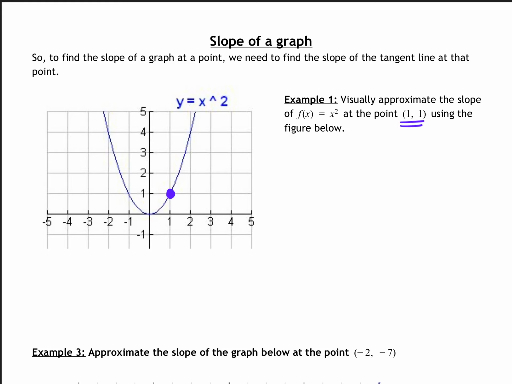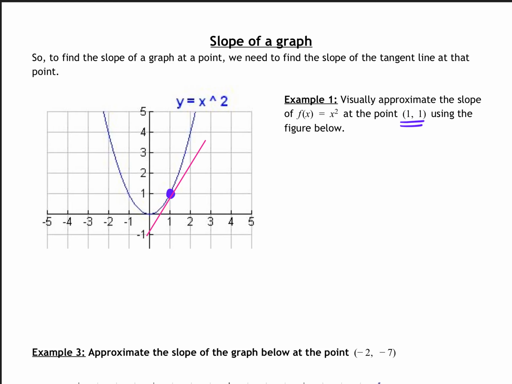Now when you do this on Delta Math, it'll be a little more guided and you'll be able to get a little more precise. But when we're talking about on paper and pencil, it is literally just going to be an estimation. So I may just estimate that, hey, that sort of looks like a good tangent line. And in which case I can draw that tangent line in, and then I just find my slope of that line doing any process that we've done in the past, like slope triangles.